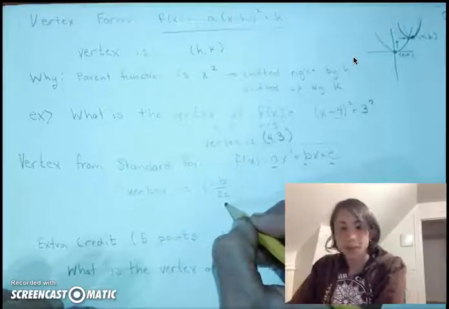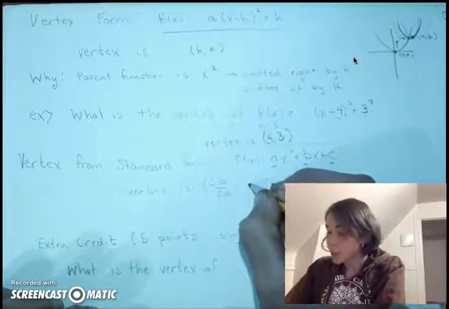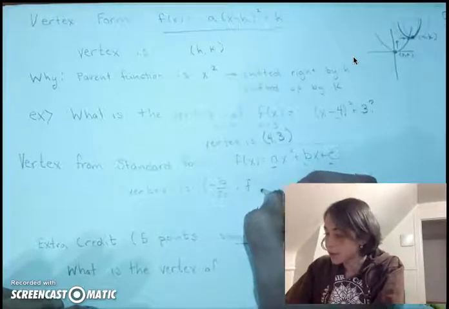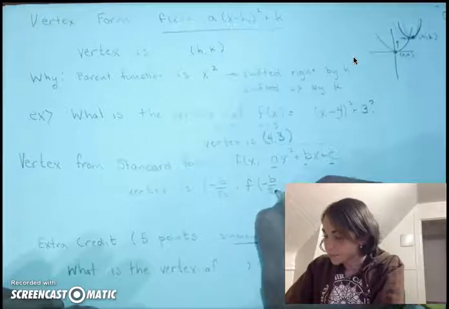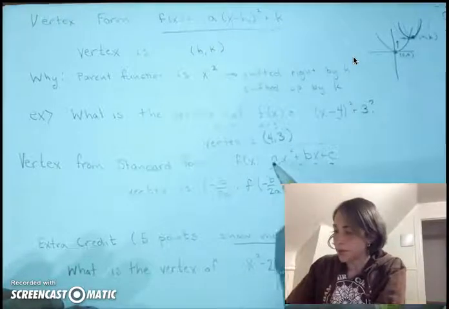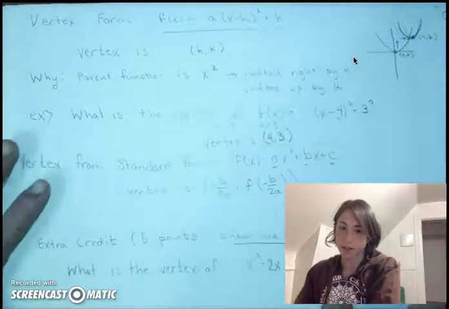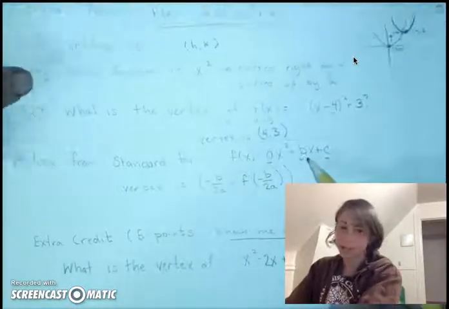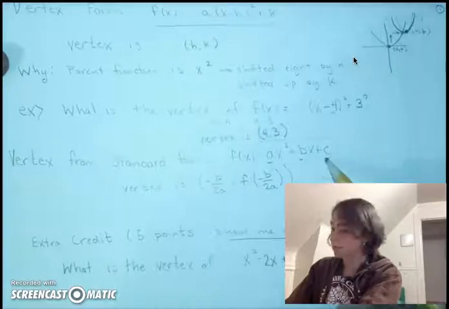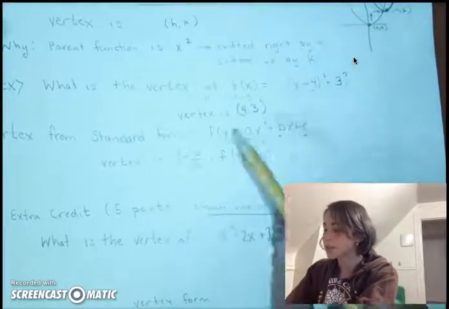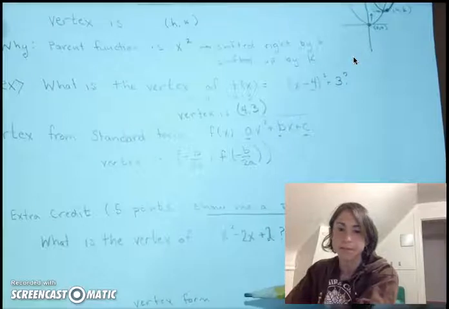That will give you the x coordinate of the vertex. To get the y coordinate of the vertex, you just plug that into f. So you do a, and then instead of x, you'd put negative b over 2a squared plus b times negative b over 2a plus c. And whatever that turns out to be, that gives you your y coordinate.